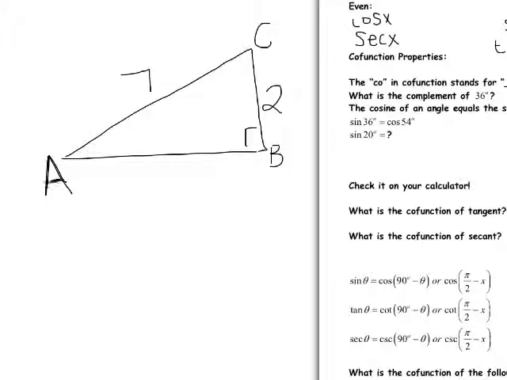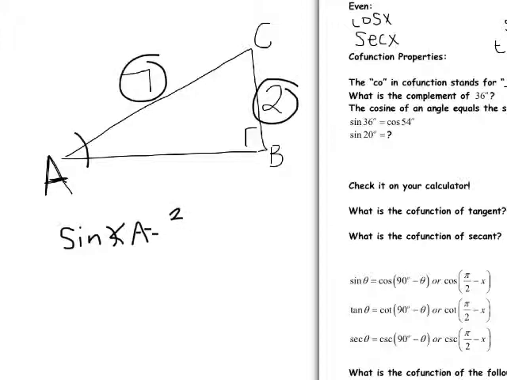Then when you were first introduced to trig, your geometry teacher would say, okay, let's solve for, let's say, angle A. And so you would say sine of angle A is equal to opposite over hypotenuse, 2 over 7. Well, let's say instead of solving for angle A first, you solve for angle C. Now you can't do opposite, right?